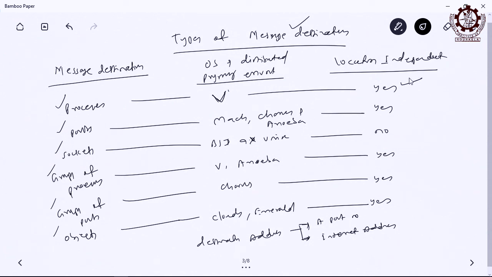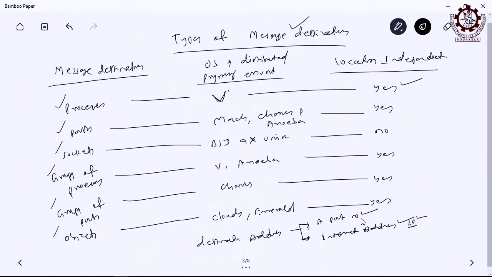Whenever you send a message on the internet, what do we need? We need an internet address, that is the IP address, and a specific port number. Knowing this IP address and port ID directly is not location independent.